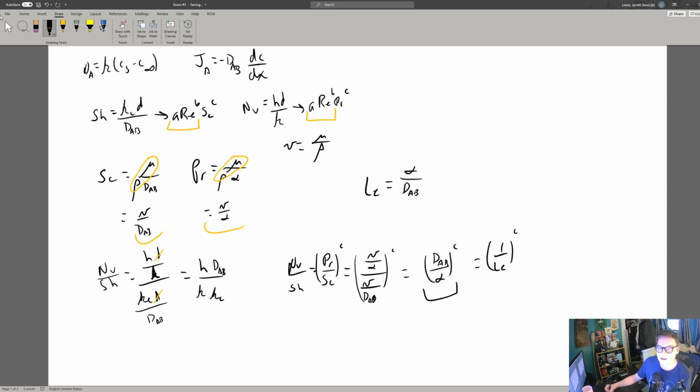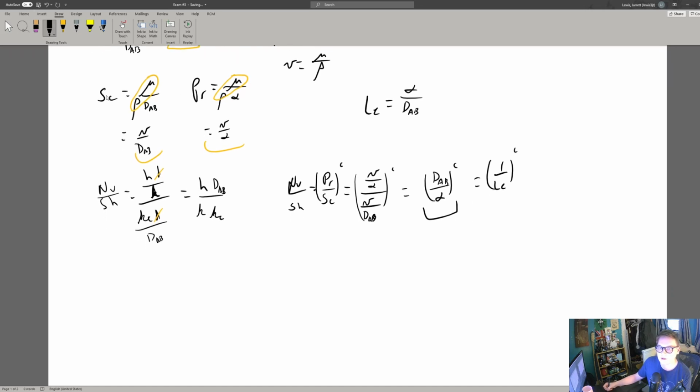So we have the Nusselt number divided by the Sherwood number is equal to the heat transfer coefficient times the mass diffusivity divided by the conductivity times the mass transfer coefficient, is equal to 1 over the Lewis number to the power c.